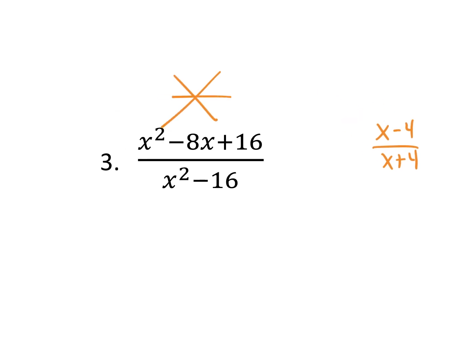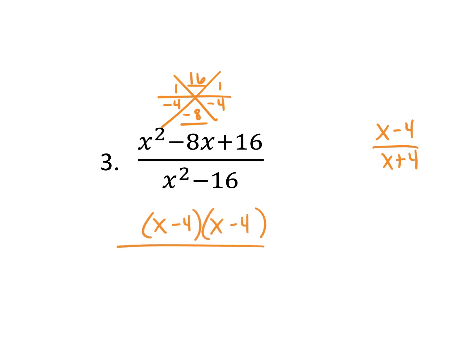So star method for this top guy is what can you multiply to get 16 that you can add to get -8? Both of those have to be negative because if you're adding to get a negative but multiplying to get a positive, they both have to be negative, okay? So x minus 4 times x minus 4 on top.